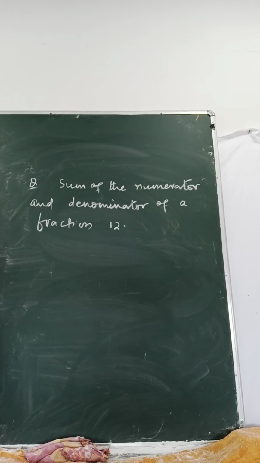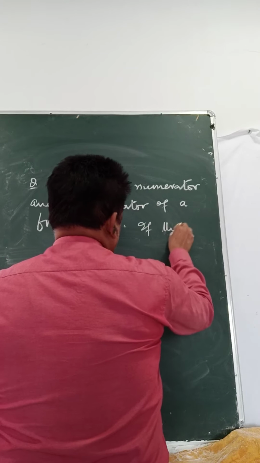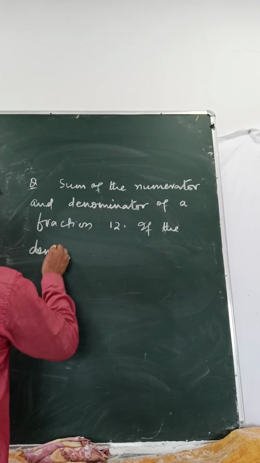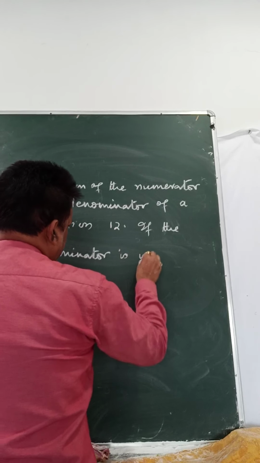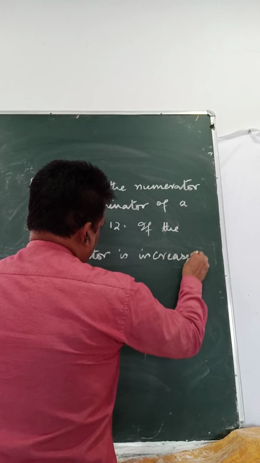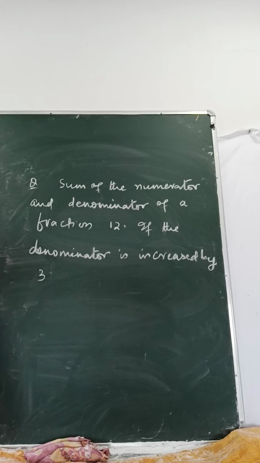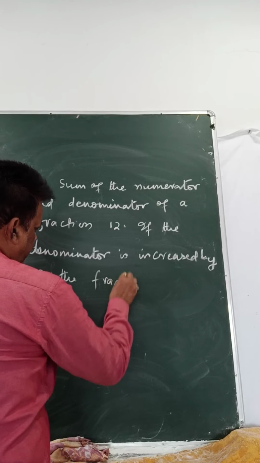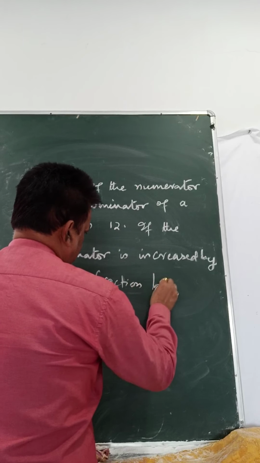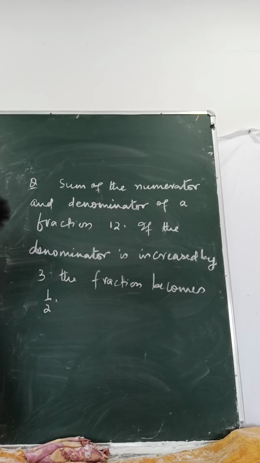If the denominator is increased by 3, then what do you get? The fraction becomes 1 upon 2. Then what you have to do is find the fraction.